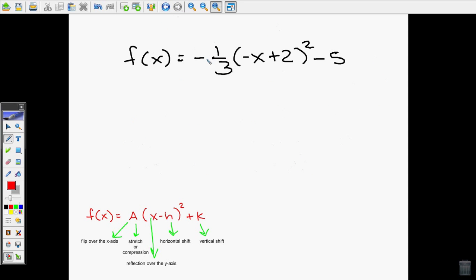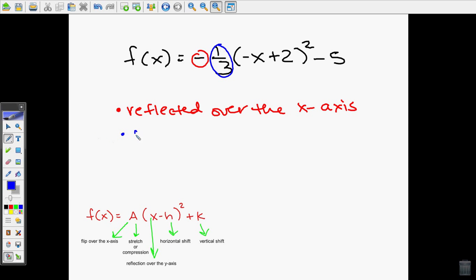Here we've got a few things going on. Because of this negative, it's reflected over the x-axis. Because of the 1/3, it is a compression by a factor of 1/3.